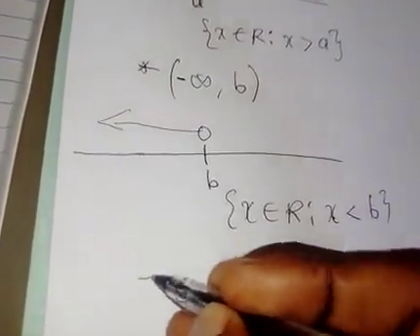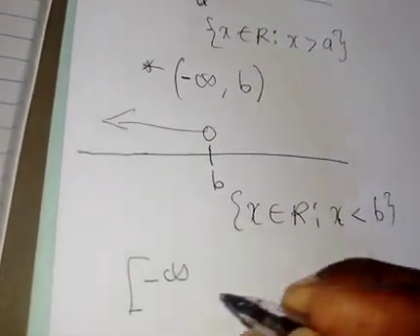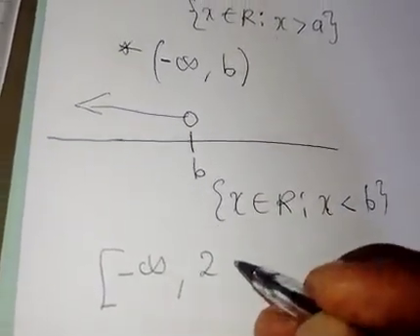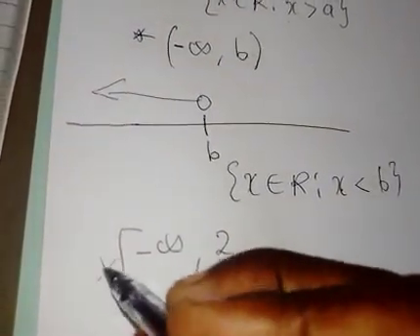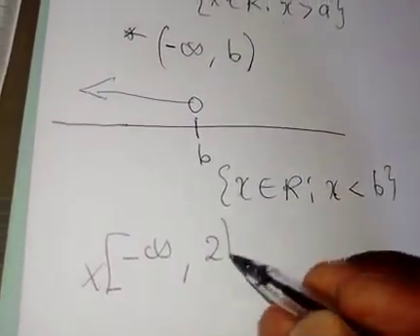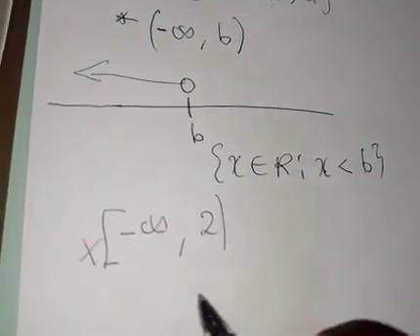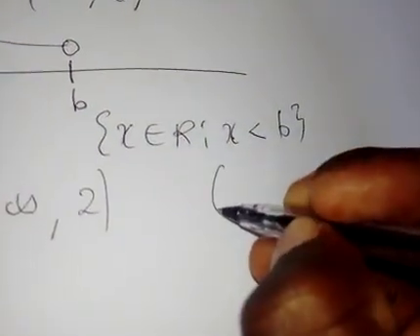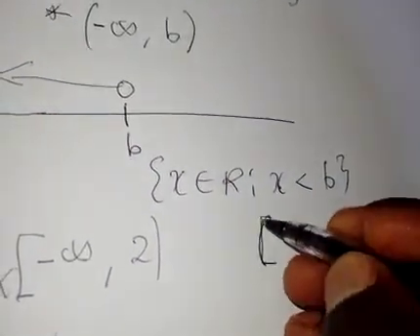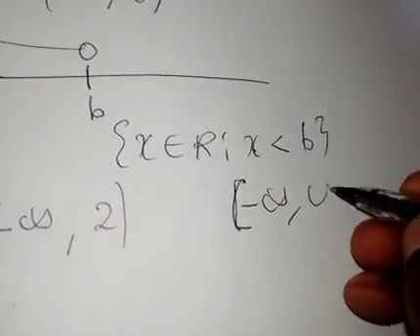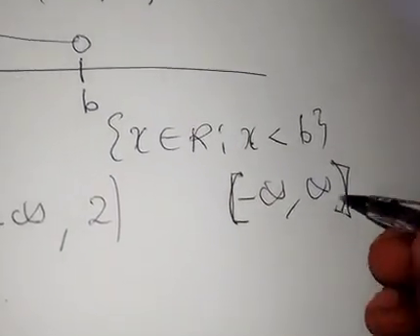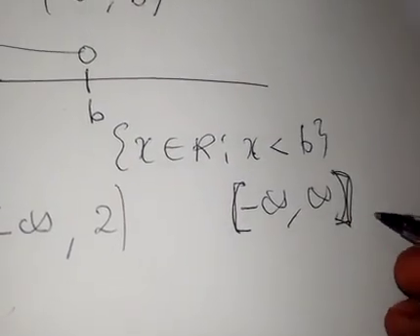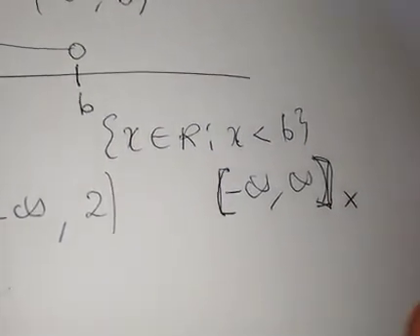You should note that for negative infinite and positive infinite, you can't use square brackets. So you can't say negative infinite and then use a square bracket like that. In the case where you say negative infinite to positive infinite, you can't use square brackets.